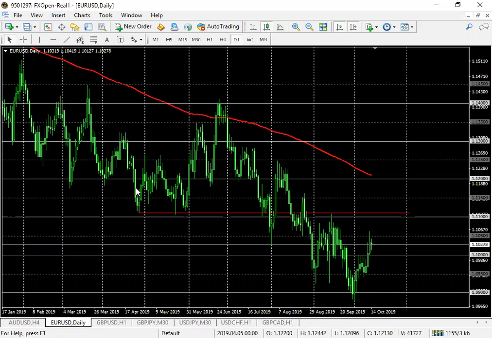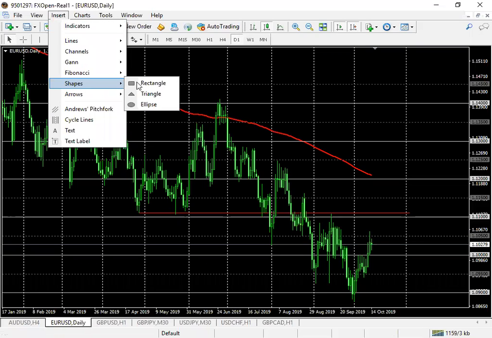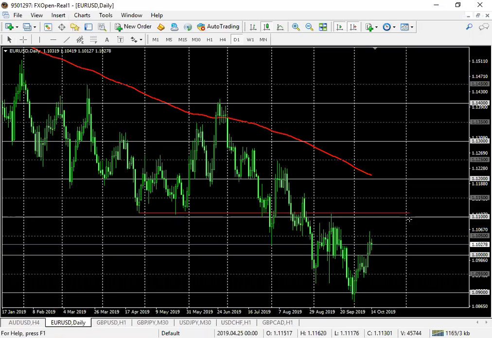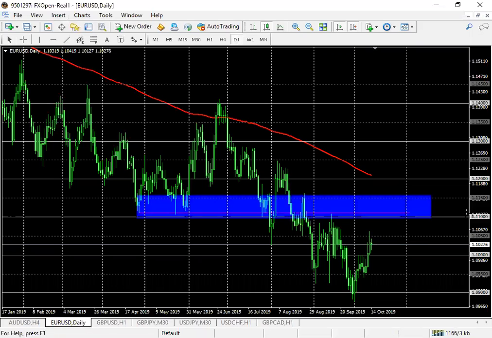even more. Okay, let's just highlight that area over there. So 1.1150, let's say a 40 pip range between 1.1110 rather, and 1.1150. That range is very significant.